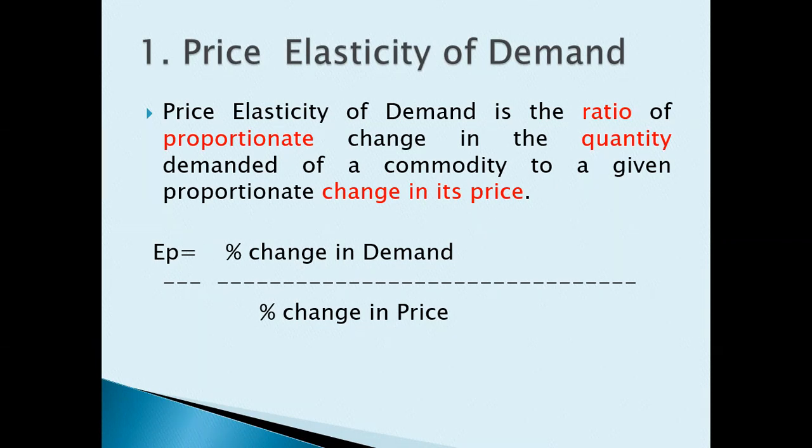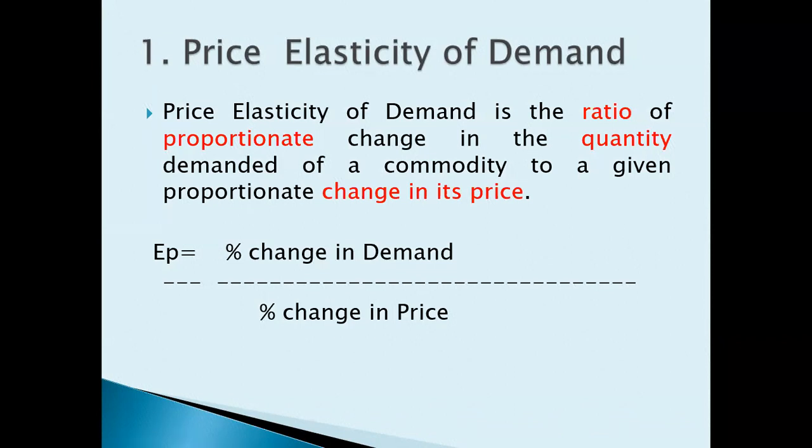Ratio means it requires two variables, one is the x variable, another is the y variable. In this case, we are taking x as the change in the demand of units, divided by y, which is the change in the price.